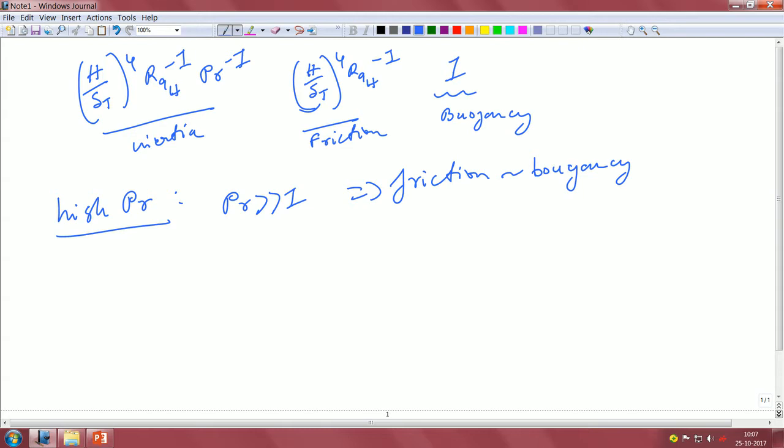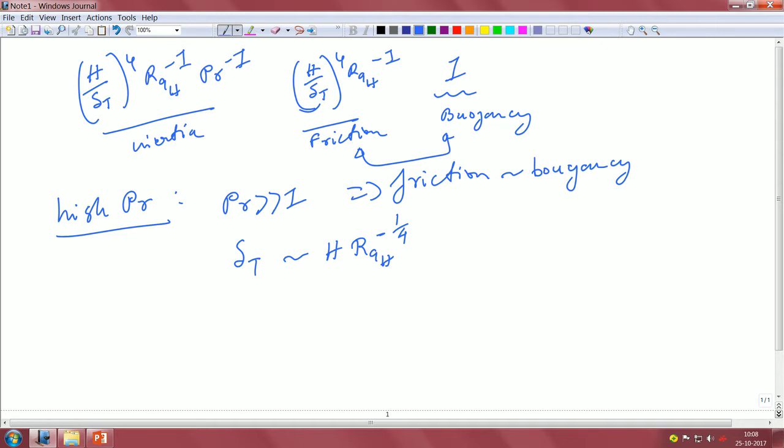In other words, these are the two terms which balance each other. In that particular case, your delta t, which is basically the boundary layer thickness, will scale as h Ra_h to the power of minus 1/4, right. Remember, it is not the Rayleigh number that is important. It is the Rayleigh number raised to the power of minus 1/4 that is the term which is important. So, the correct scaling comes from that.